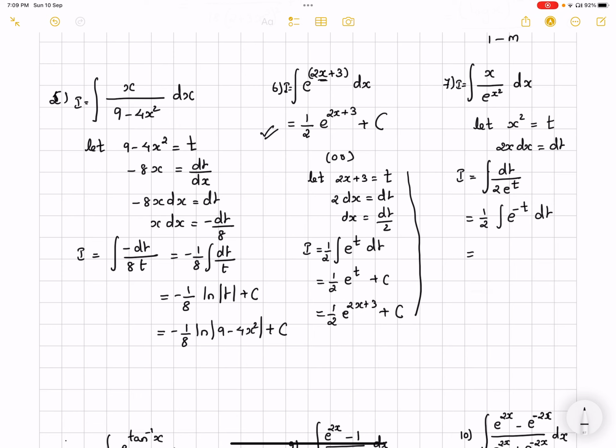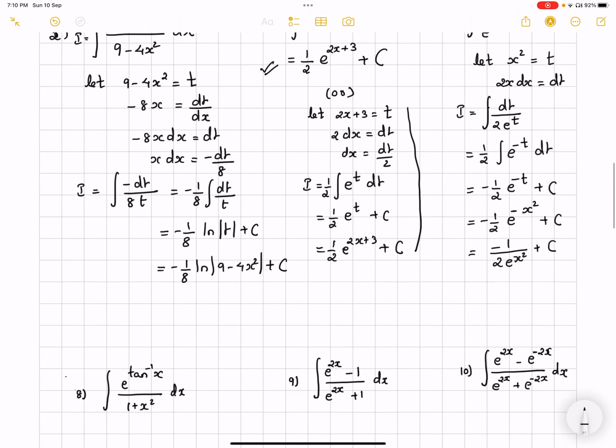So here I would get minus 1 by 2 e to the power minus t plus c after integration. Now minus 1 by 2 e to the power minus of x squared plus c. This is what I'm getting. E to the power minus of x squared, I can write it as minus 1 by 2 e to the power x squared plus c. That's it. Very simple.